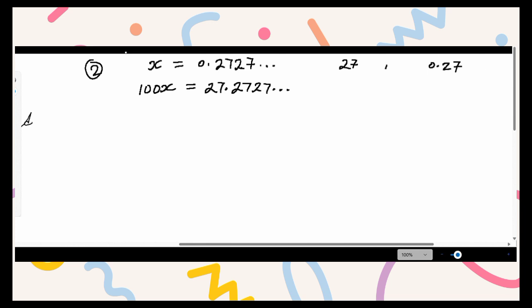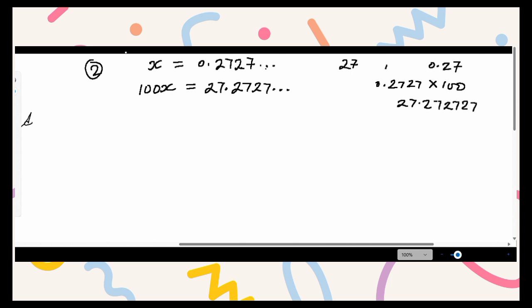Or if you cannot really see what I'm talking about, 0.2727 times 100. Yeah, so you're going to move the decimal point forward how many times? 2. Okay, so that will be 27.27. But the 27 is repeating. You don't really know where it is going to stop, so you can repeat it: 27, 27.